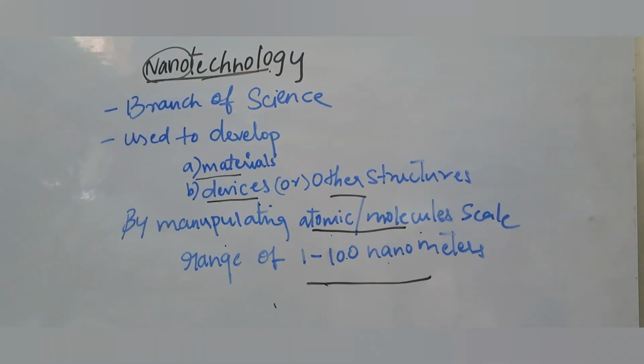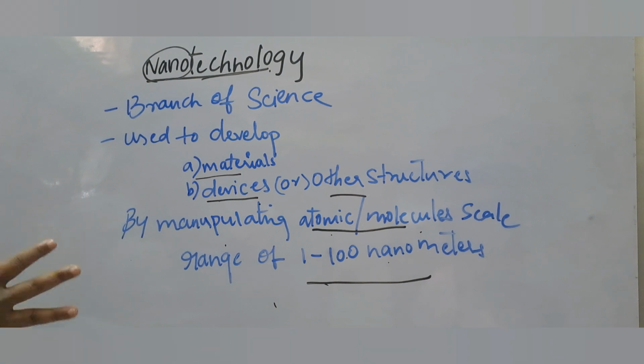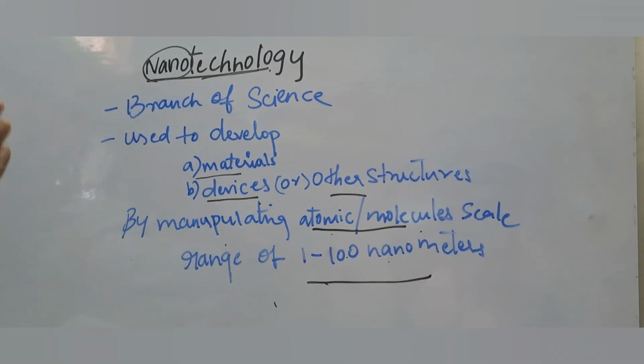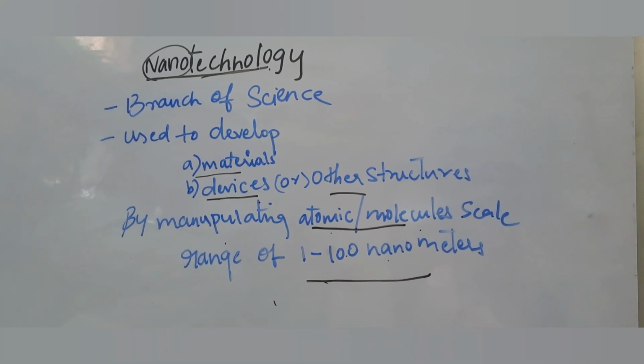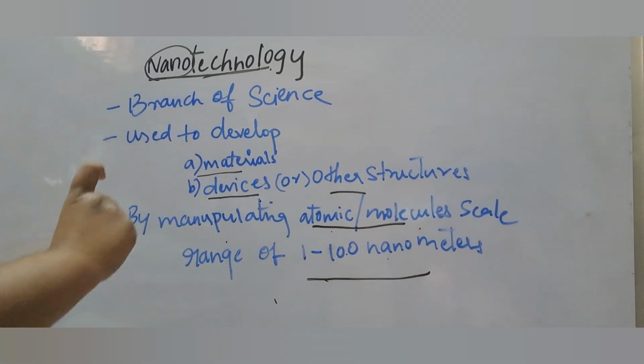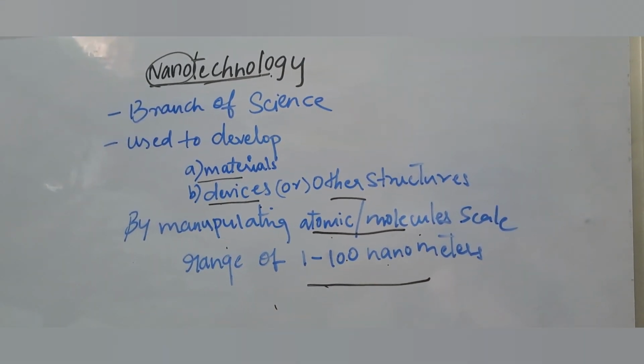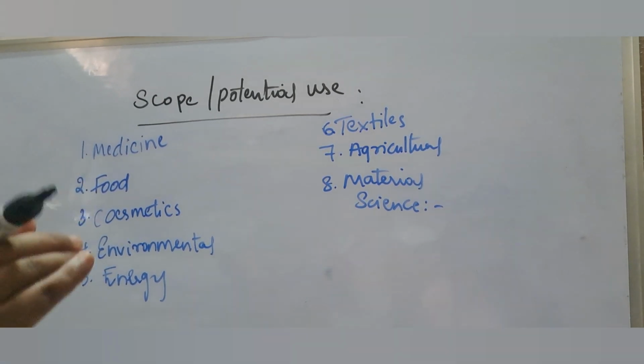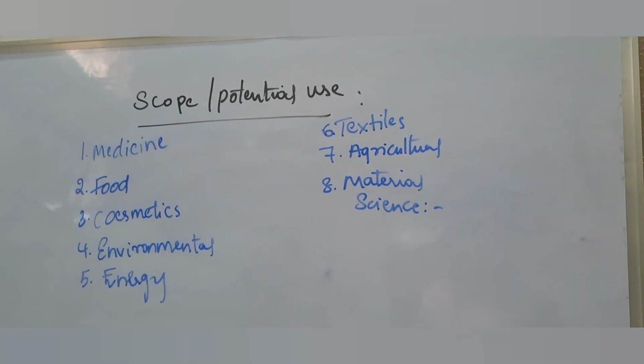There are so many industries using nanotechnology, but for our chapters and for our MSc level, we are just giving 8 important industries that are using nanotechnology. So these are some potential uses or some scope of industries that nanotechnology is used in.